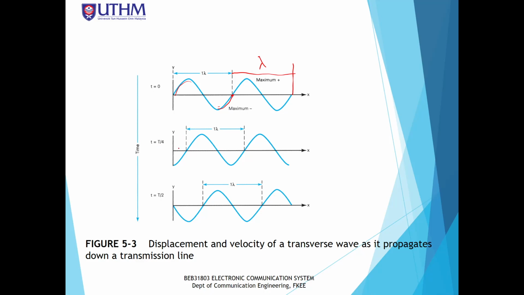And if you start at T over 4, you stop after T over 4, so you get one lambda, and then there's another lambda over here. 1 lambda, 2 lambda, 3 lambda, and so on. So the distance of movement is measured in terms of lambda, 1 lambda, 2 lambda, 3 lambda, and so on.